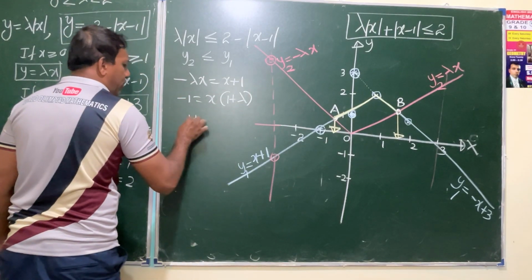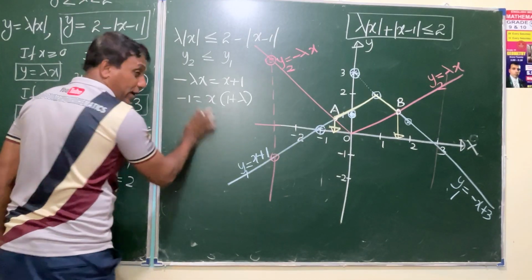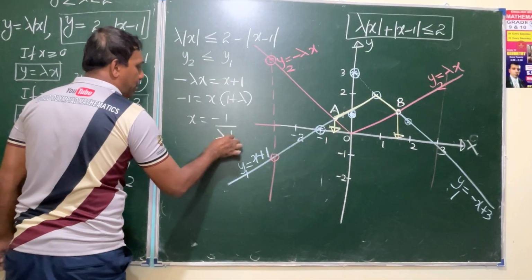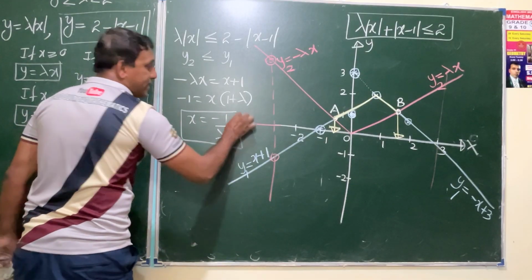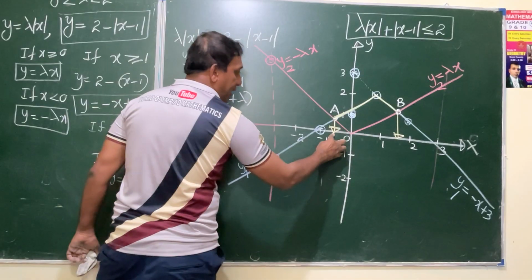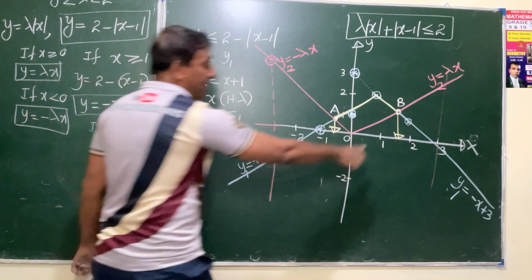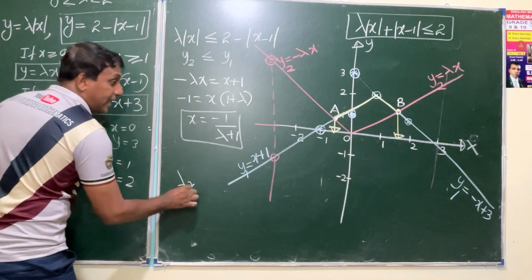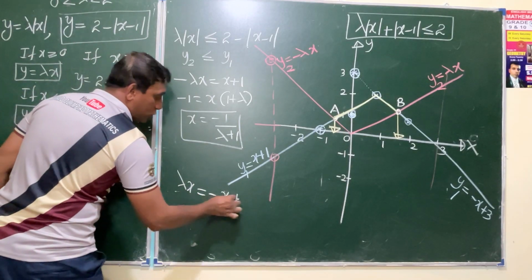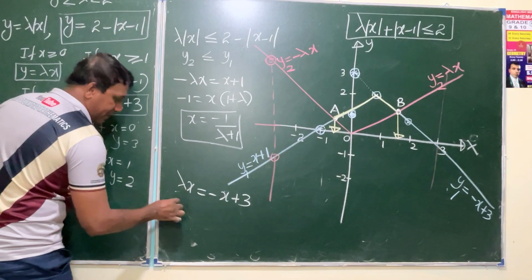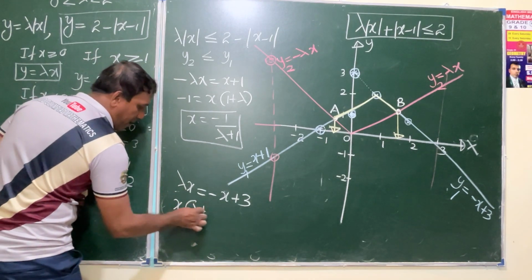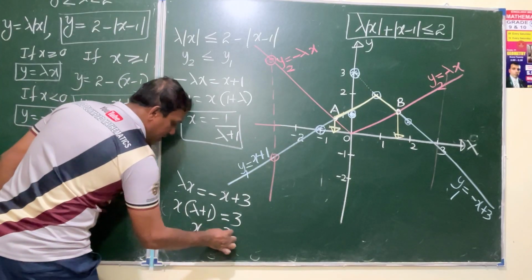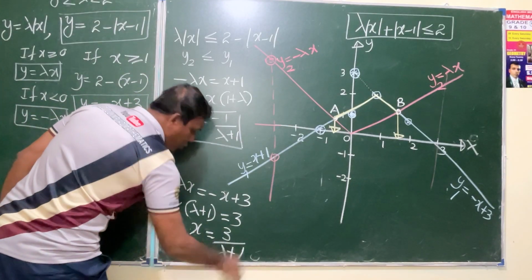So x equals minus 1 over lambda plus 1. That is the a coordinate, the x value, right? Similarly, find the b coordinate, solve these two: lambda x equals minus x plus 3. Take x out, then lambda plus 1 times x is 3. Therefore, x is 3 over lambda plus 1, right?